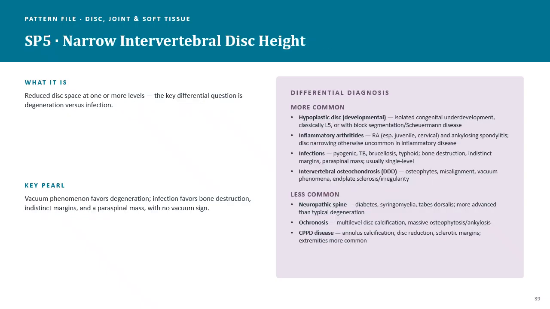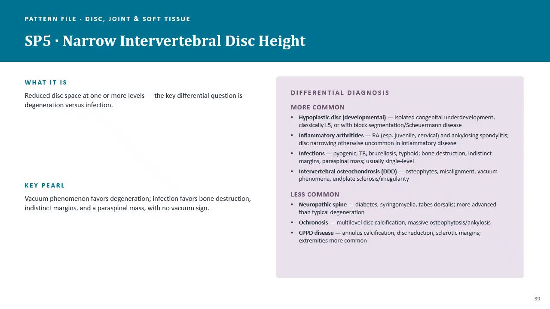Now we're moving on to narrow intervertebral disc height. So if you can remember that the discs between the vertebral bodies are considered to be the cushions between those vertebrae. So if the cushions become thinner, those vertebral bodies get a lot closer to each other. So the distance between them gets shorter.